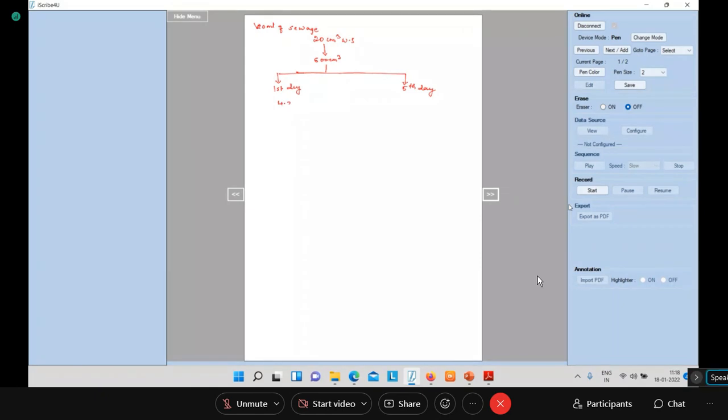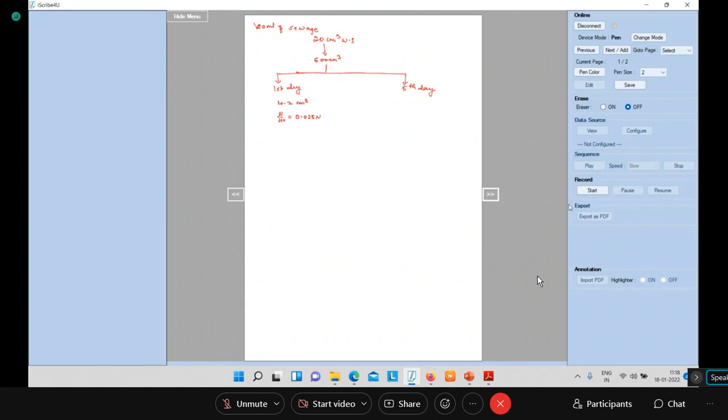What is the normality of sodium thiosulfate? N by 40; if you convert it into a decimal, it is 0.025 normal.